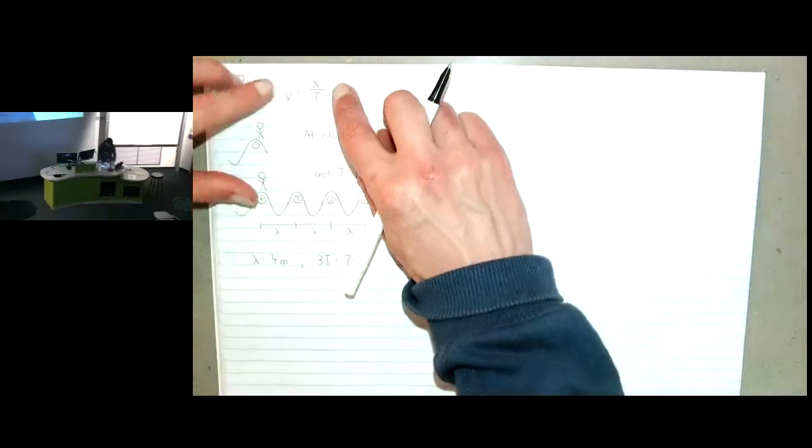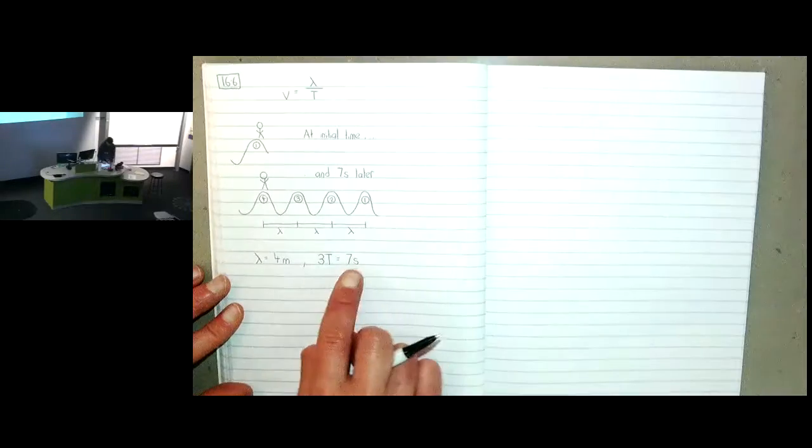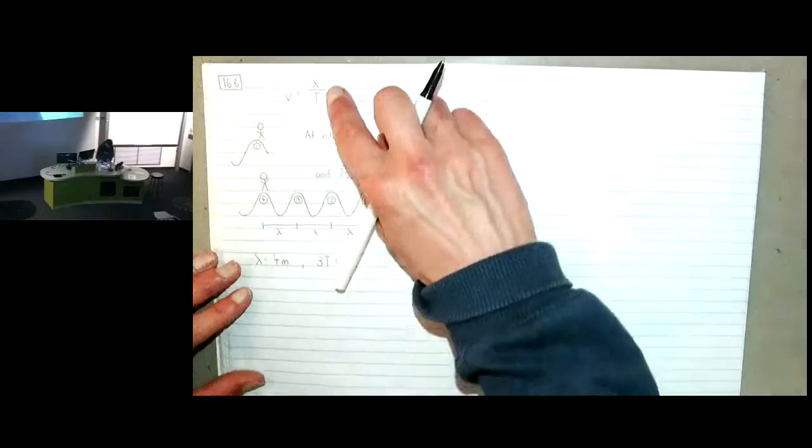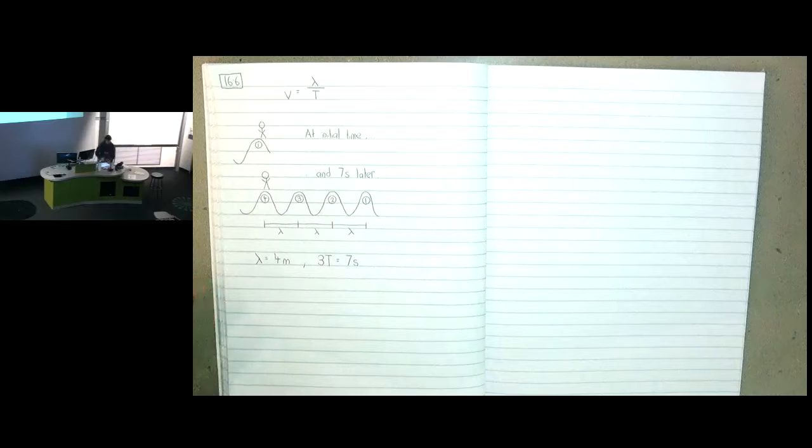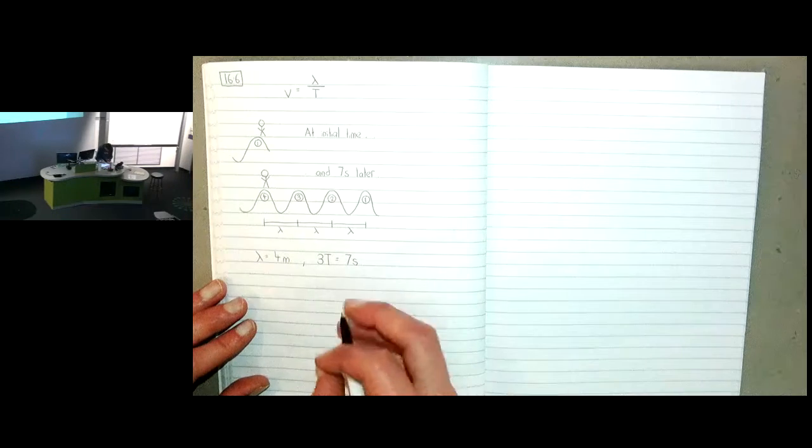Something else we can do, if we don't want to go to the trouble of solving all this, is multiply the numerator and the denominator of this equation by 3, which amounts to doing nothing really.